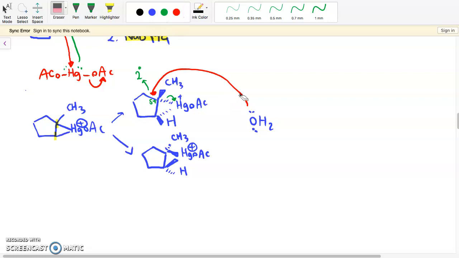Now, what type of reaction does this remind you of, the red arrow and breaking this one? This is similar to an SN2 reaction, and that's why there's going to be an inversion of the stereocenter.